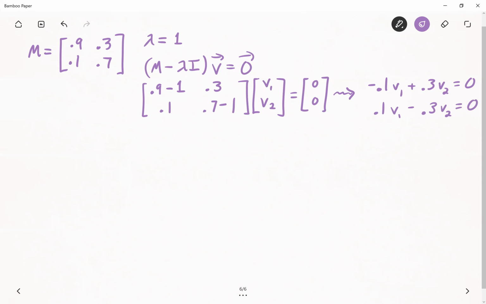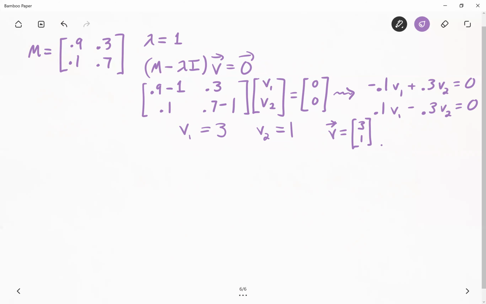Sure enough, we do have a redundant set of equations here. So we'll pick some simple values for V1 and V2 which make these work. V1, we can think of that as our free variable. So maybe I'll set V1 equal to 3, in which case V2 equals 1 will give us a solution to both of these equations, which means that our eigenvector V is 3, 1.